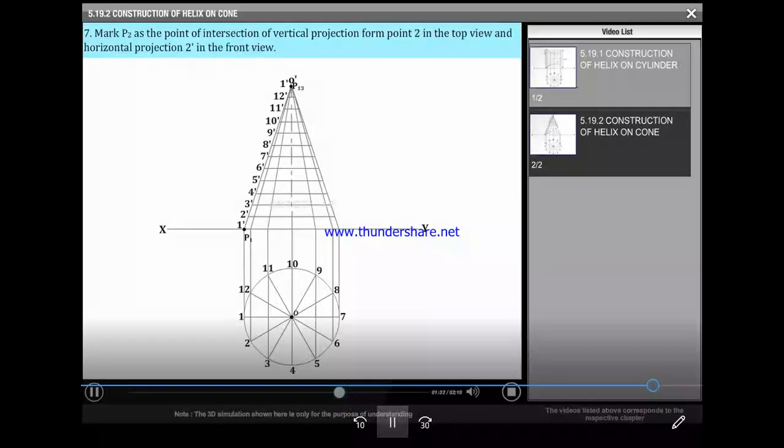Now mark point P2 as the point of intersection of the vertical projector from point 2 in the top view and the horizontal projector from point 2 dash in the front view.